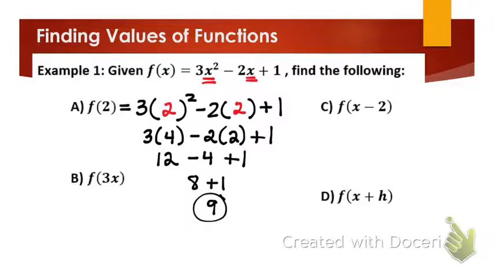For part B, again, we're going to rewrite the function with parentheses. So we have 3 parentheses squared minus 2 parentheses plus 1, except this time we're putting in a 3x.